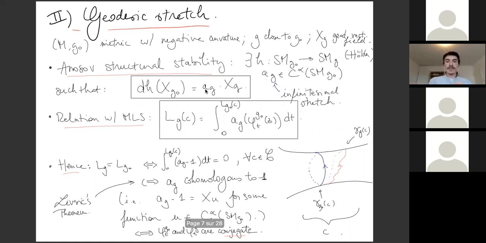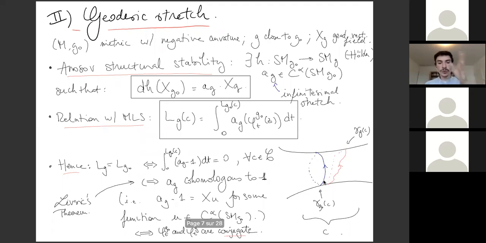Now, why do we introduce this function? Precisely because it has a very strong relation with the marked length spectrum. This function A_G, the infinitesimal stretch, allows us to express the marked length spectrum of the metric G, which is close to G0. How do we do this? Let us fix a free homotopy class, for instance. We have the closed geodesic in this class C for the metric G0.